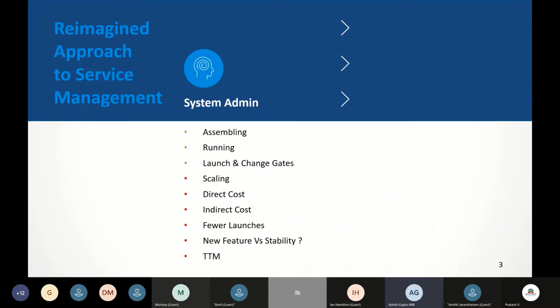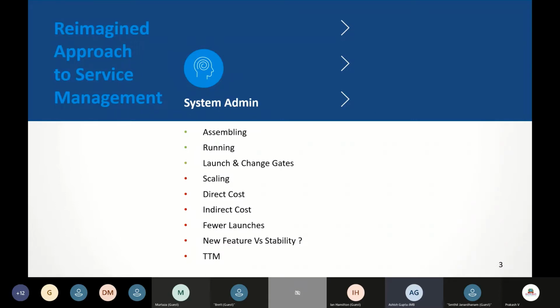By that time, a system, which we today call an infrastructure or application system, was managed by a system administrator, whose core job was to assemble the system created or developed by a product management team. Their focus was on running the systems, which essentially means that any issues reported were taken care of and resolved.